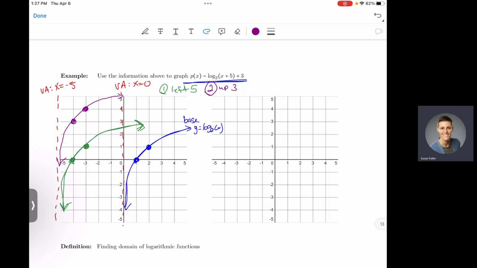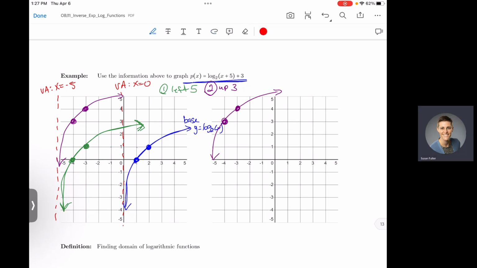I've got 4, 3, 3, 4. It looks like this. And my vertical asymptote here is x equals -5. That's my final graph for y equals log base 2 of x plus 5 plus 3.